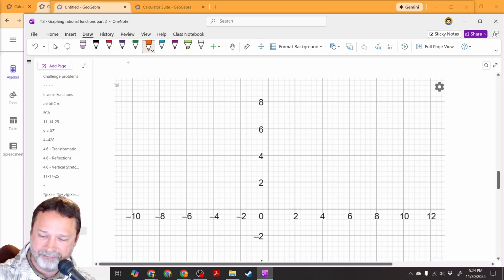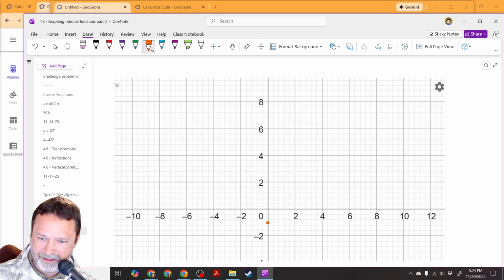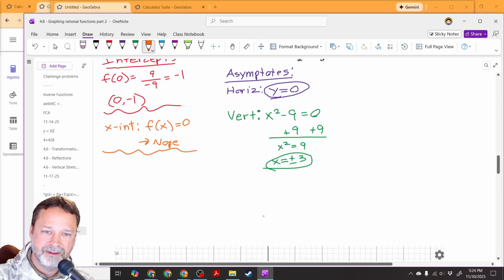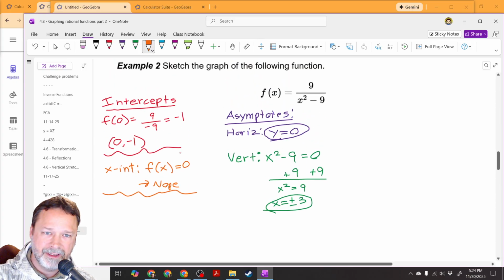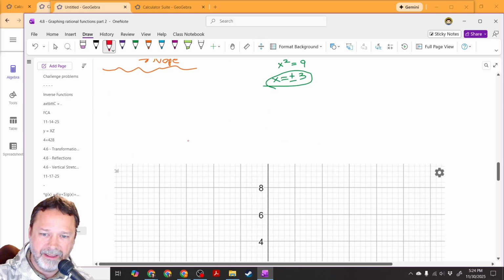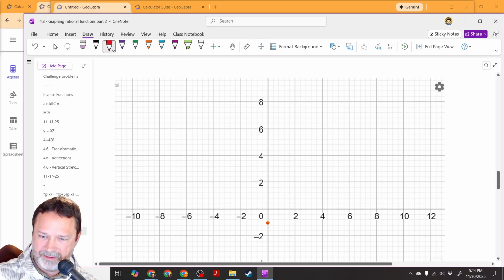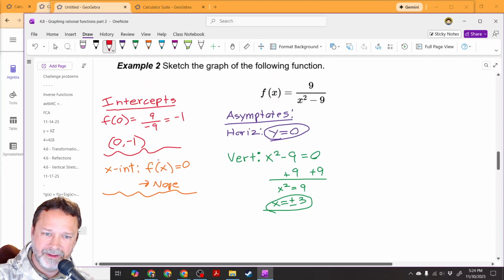0, negative 1. So 0, -1, right about here. And actually, I think I wanted to do that in red. We'll just cover that up here. Okay, 0, -1. No x-intercept, horizontal asymptote at y equals 0.